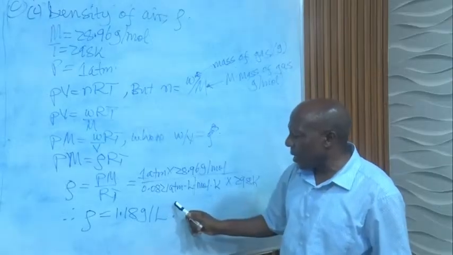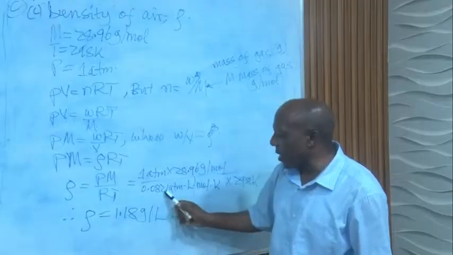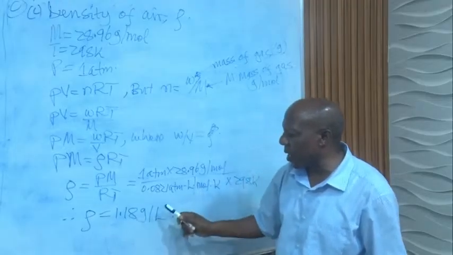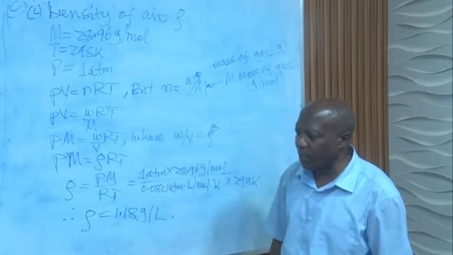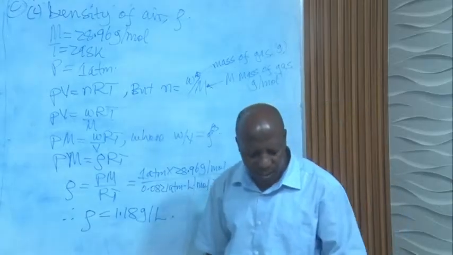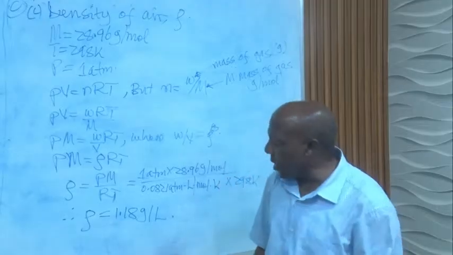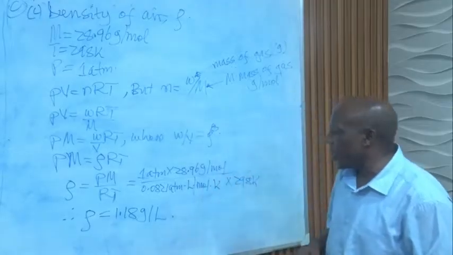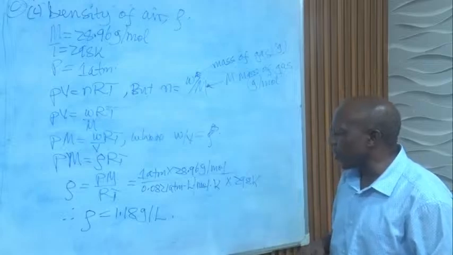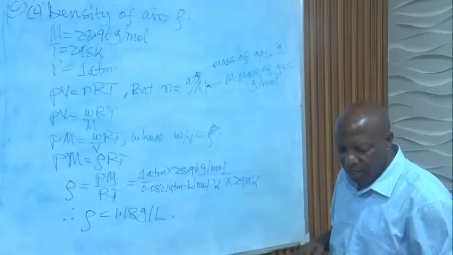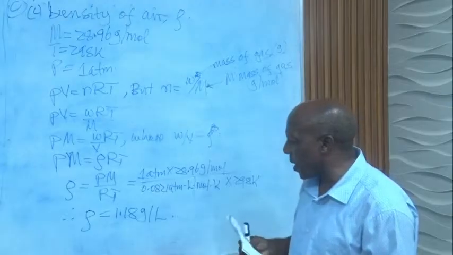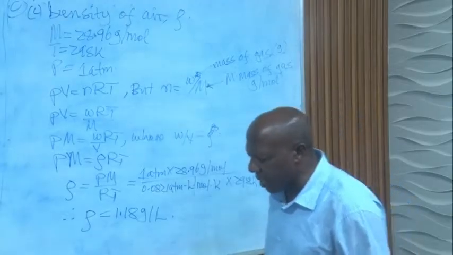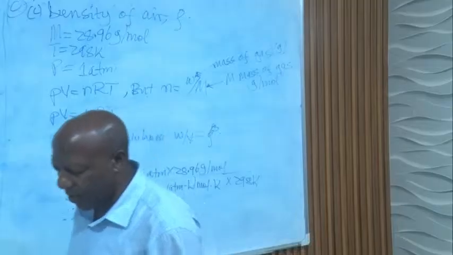So if the balloon has a density greater than 1.180 grams per liter, it will not float or rise in air. So it is very important to know the density of air of the surrounding where you want to launch your balloon, to know if its density is less than the density of air.